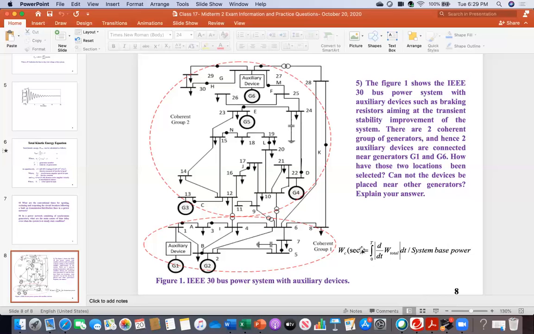That's why this equation is a very well known equation, because it is capturing the total kinetic energy information. That's why the WC value, the stability index value that we get, gives much better, close to accurate result, because it is capturing the information of all generators. So that's why it is helping me find the location where to put the auxiliary control means following a disturbance in the system.